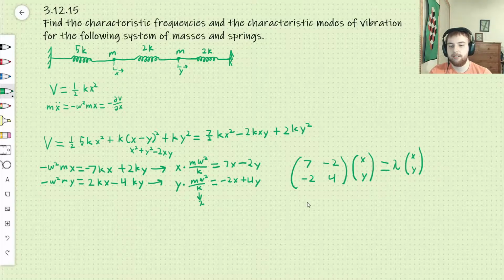To work through it like we do any other eigenvalue problem, you can see that we can bring this over to this side and combine it with the x, and we would have a 0 on this side of the equation, and a 7 minus what we've decided to call our lambda on this side, and then the 2y would stay the same.